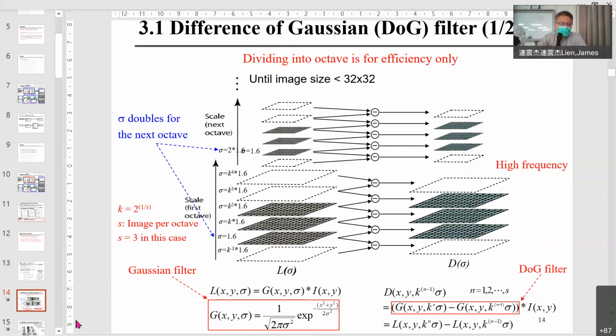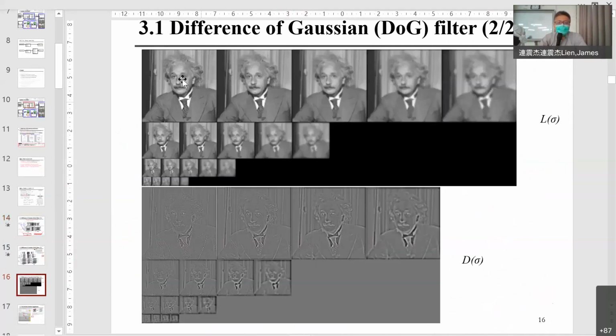The original, they do smooth. They have different kinds of smoothing results, 1, 2, 3, 4, 5. And do down sampling, smooth and then down sampling this one, smooth, down sampling this one, smooth. So this becomes better.